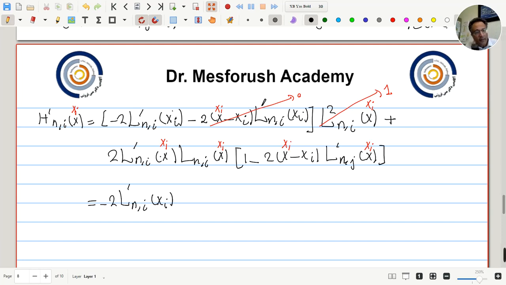Just this one. And here this one is 1, and also this is 0, 1, this is 1, and here it remains just plus 2 L prime n and I at xi. Look, minus 2L prime plus 2L prime, and it is equal to 0.